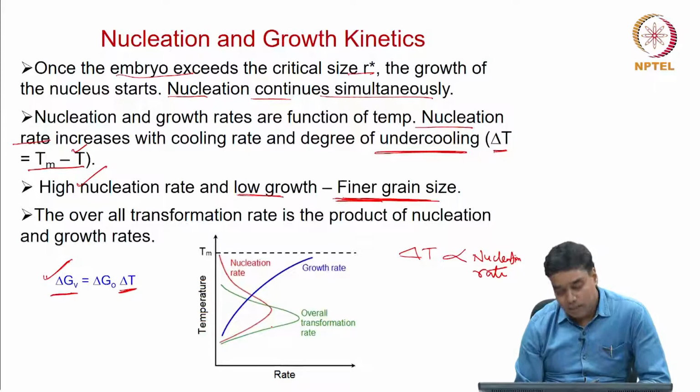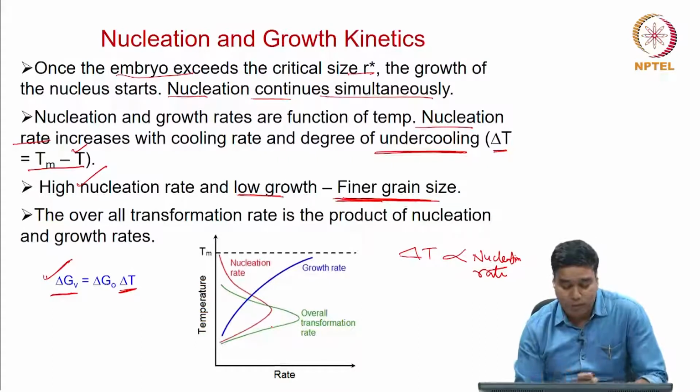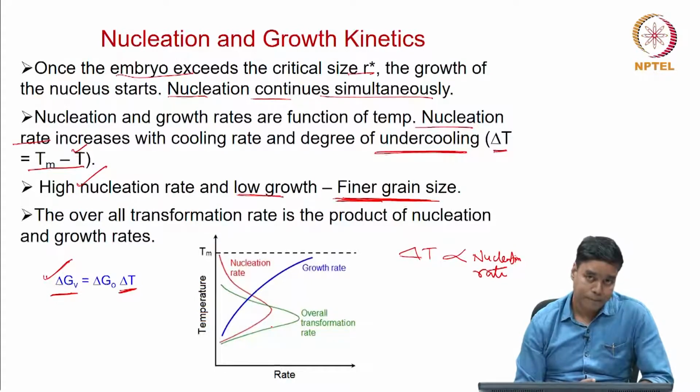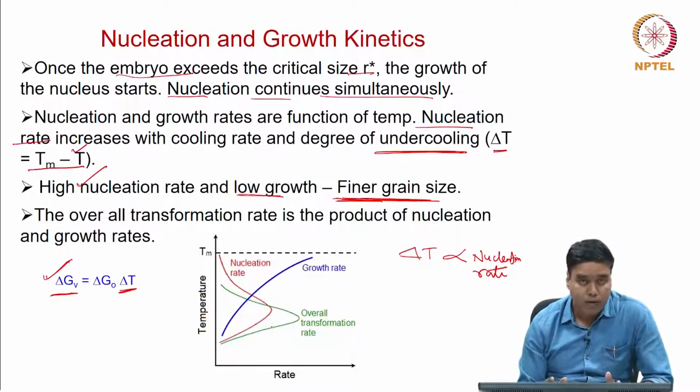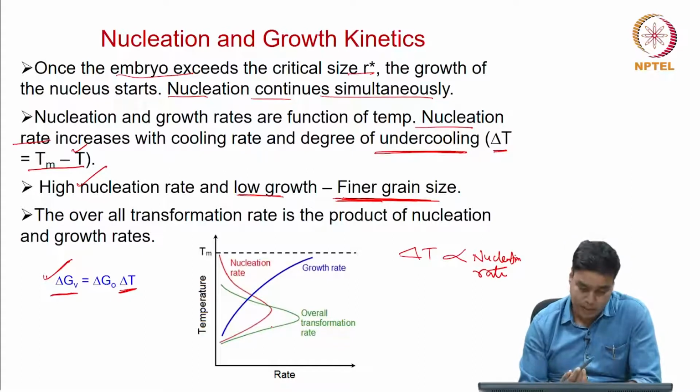And on the other hand, if the growth rate prevails over the nucleation rate, that means if the growth of these nuclei which form is high, then you can also expect these grains to grow, if you talk about the grain size. And as a result, the size of the grains will be high, what can be called as a coarse grained microstructure or a coarse microstructure.